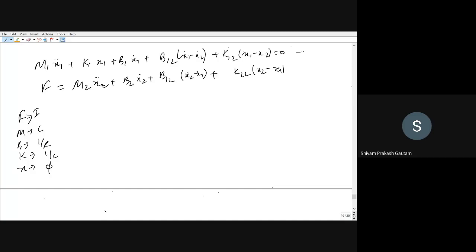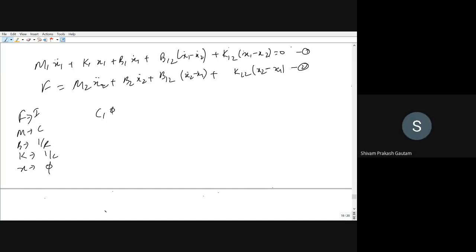So we will write equations 1 and 2 in this form. M1 is analogous to what? Capacitance, that is C1.